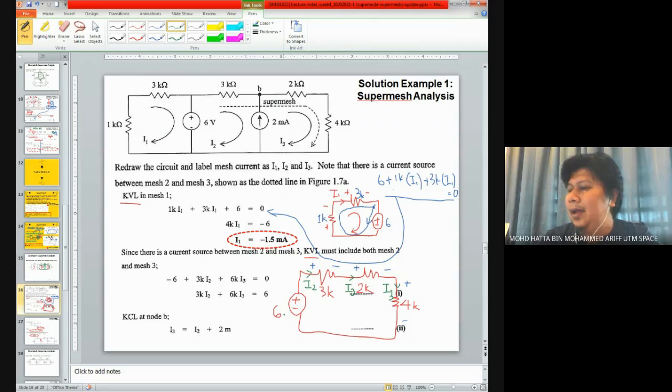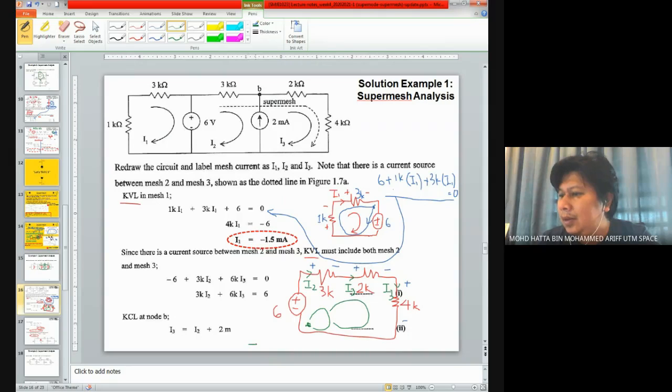Okay. And to get the Kirchhoff voltage law around this loop, let's say I start from here and go around the loop and return back here.